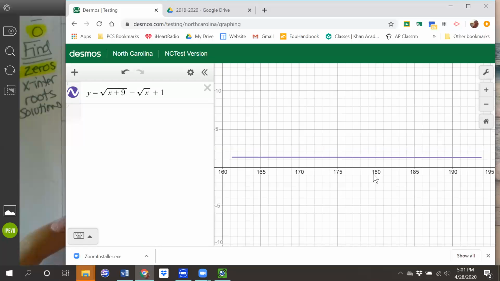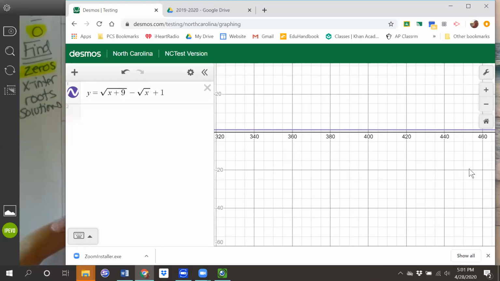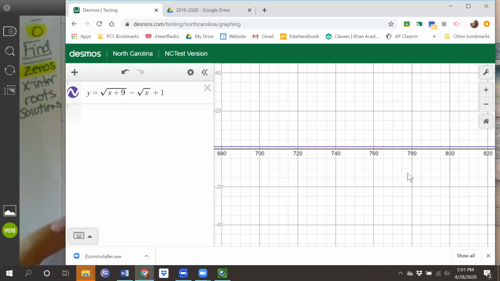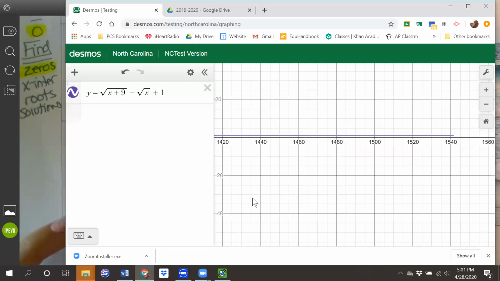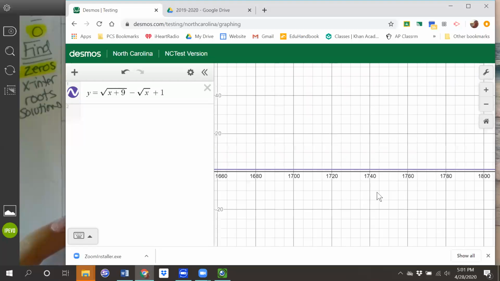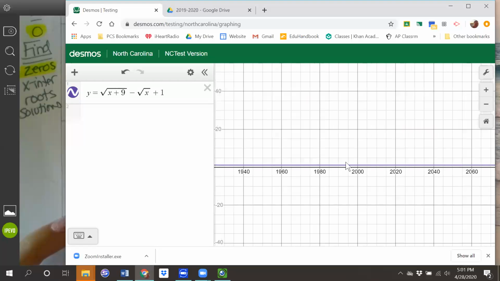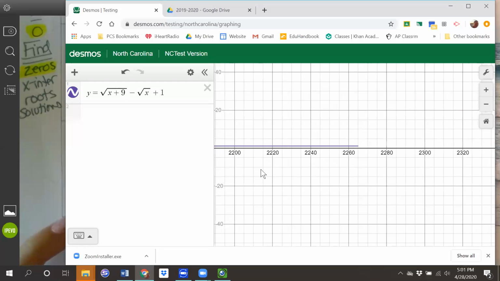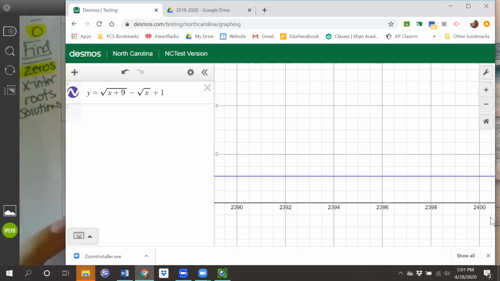Maybe I need to back it out even more. I still need to be able to see it. Huh. Well, look at, I'm out at 2000s. It doesn't look like I'm ever coming down to touch anything.